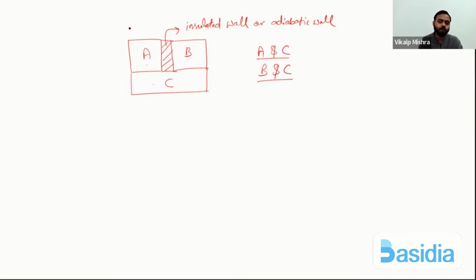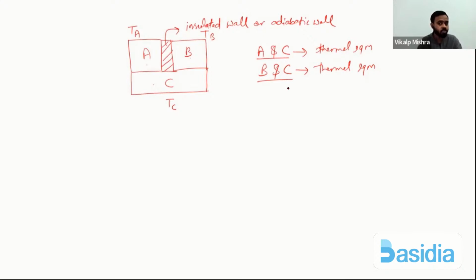So we can say there is some temperature of system A, TA, some temperature of system B, TB, and some temperature of system C, TC. A and C are in contact, B and C are in contact. After some time, what will happen?